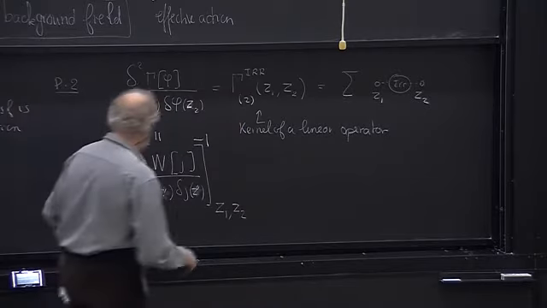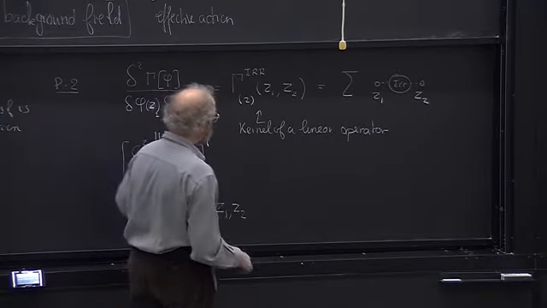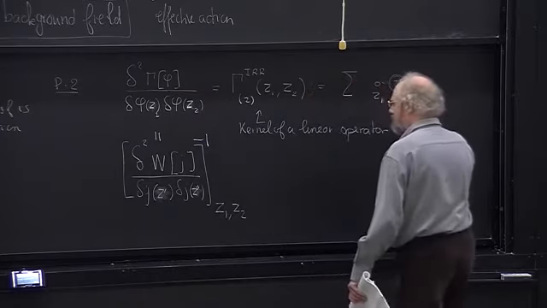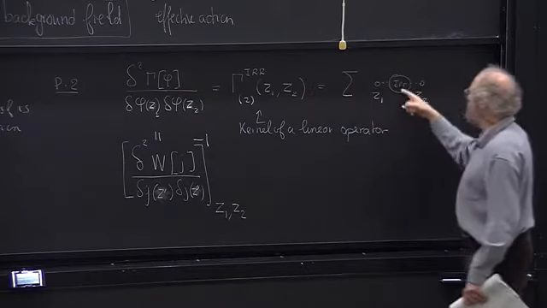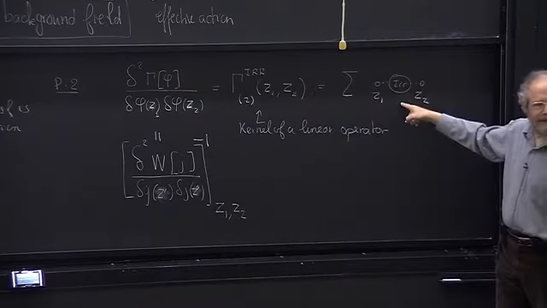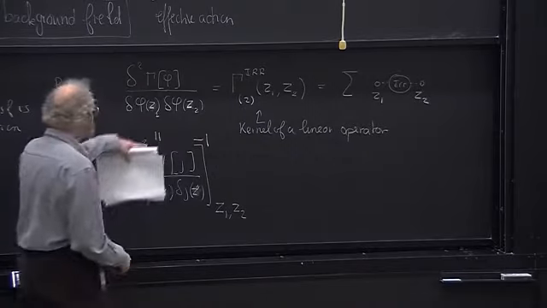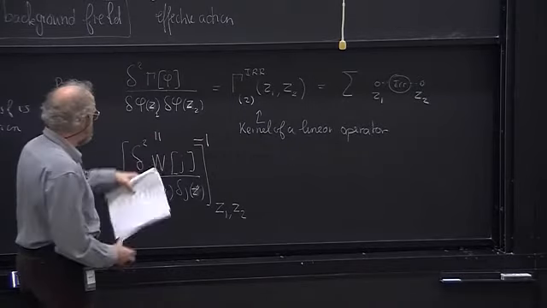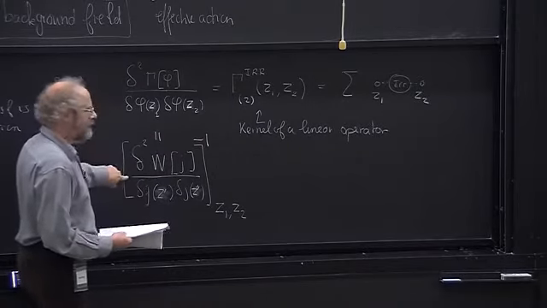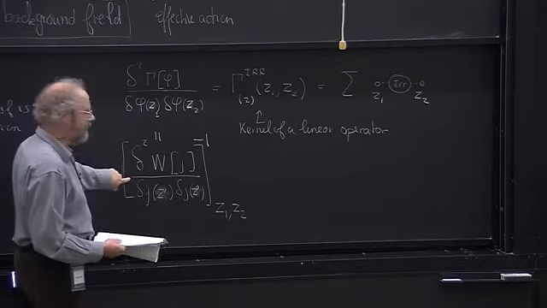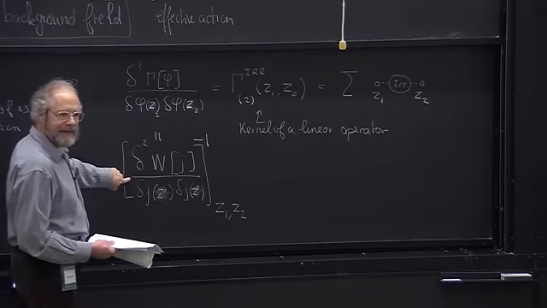And this object is the inverse of the generating function of the connected two-point function. What does it mean that this is the inverse? It means that the product of these operators is the identity.